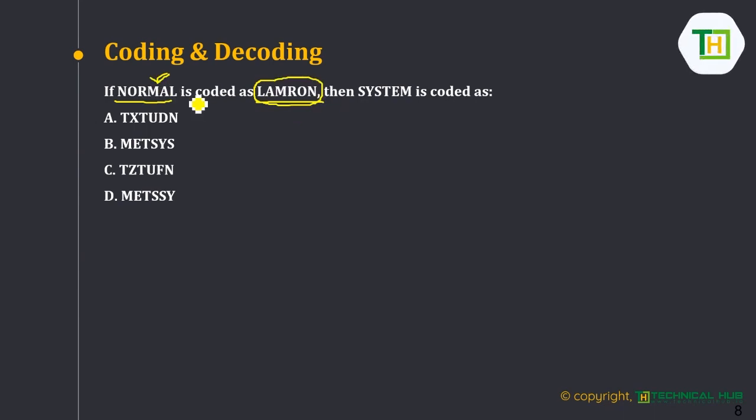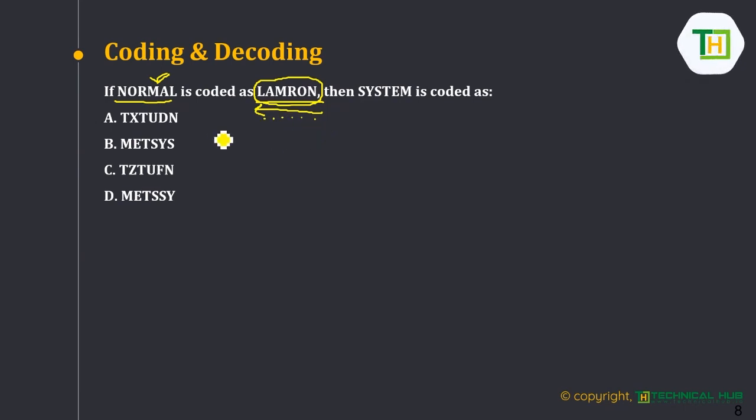If you observe LAMRON, each and every letter is present in NORMAL. If it is so, the logic is just a rearrangement of the letters in that word. This is very easy. They have just written it in the reverse order: NORMAL.